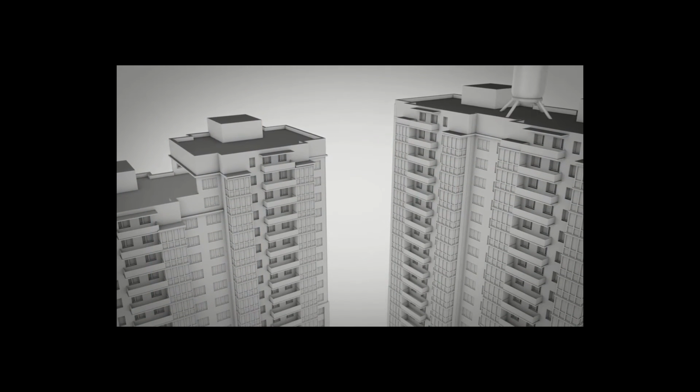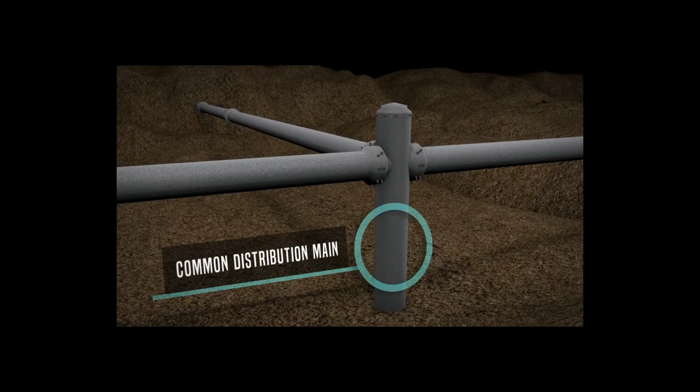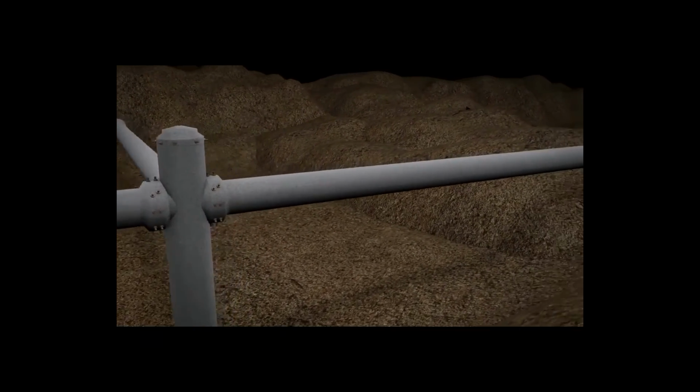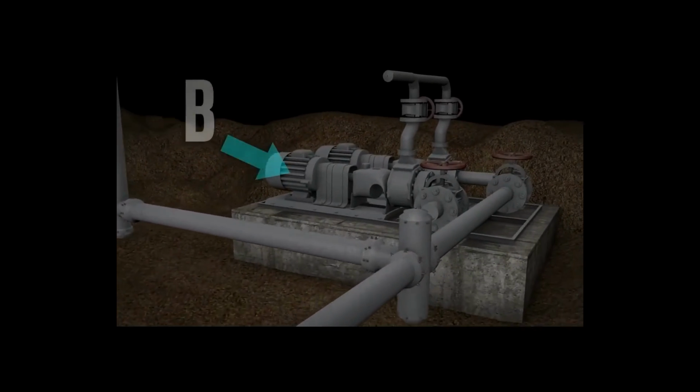Both buildings below share a common distribution main. The building on the right has a booster pump, B, which pumps water to a tank on top of the building.